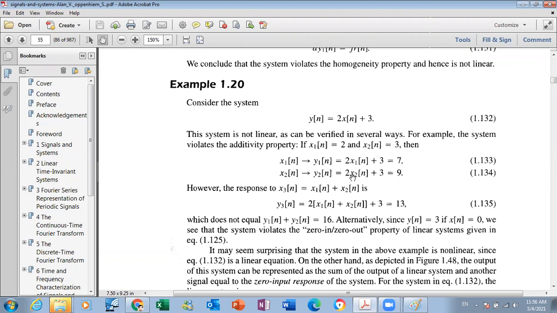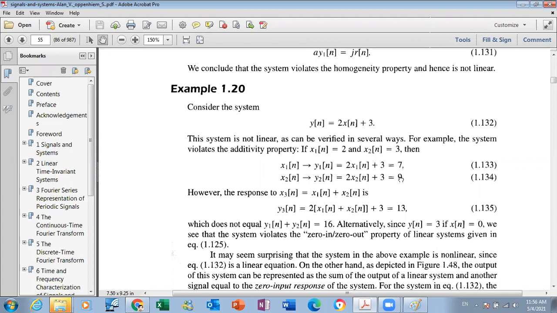Similarly, take x2t, which corresponds to output y2t. This is equal to 2x2n plus 3. So x2n is equal to 3. 3 multiplied by 2 is equal to 6. 6 plus 3 is equal to 9. Right?